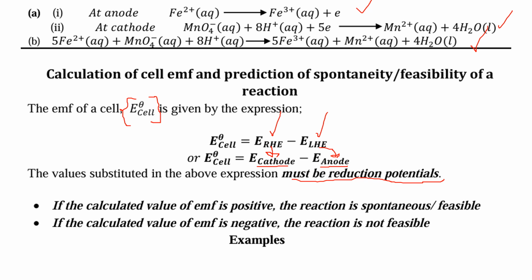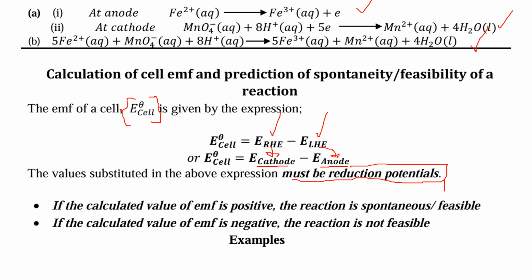That's what you should always put in your mind. But I've told you, before you do any calculation, the EMF values you use must be values of reduction potentials. We are very strict on that. The moment you forget that, you are going to lose all the marks under these calculations. The first thing to do is to identify whether the equations given are reduction potentials. That's the first step.